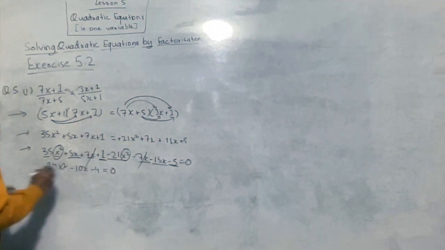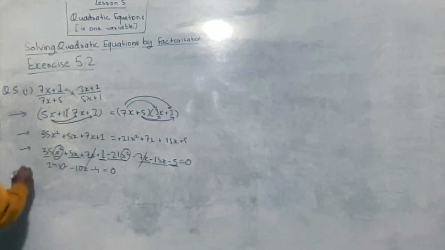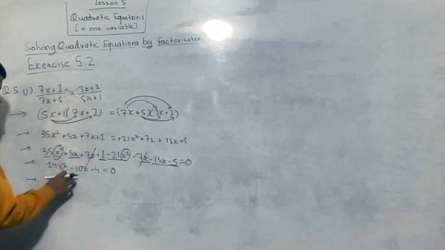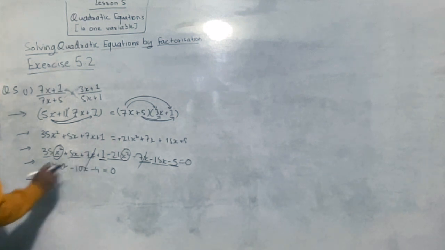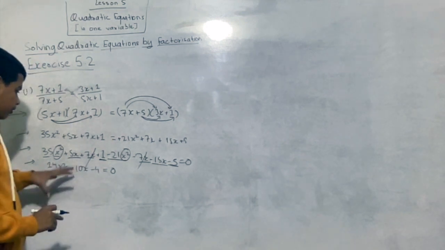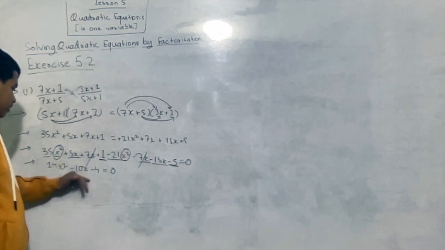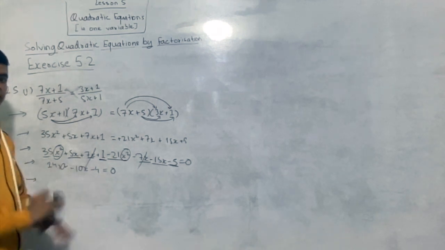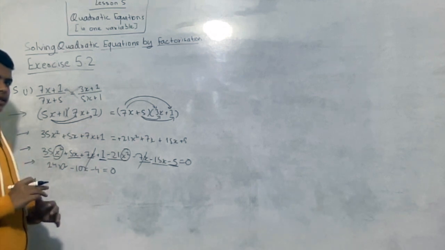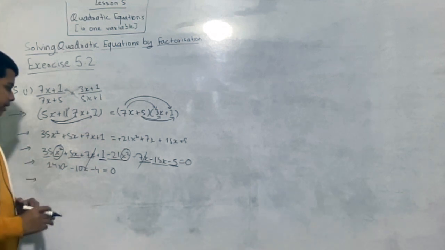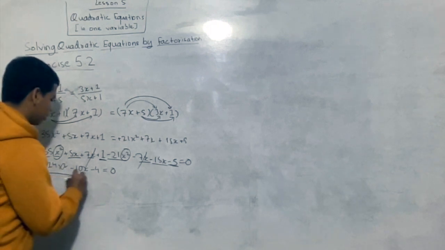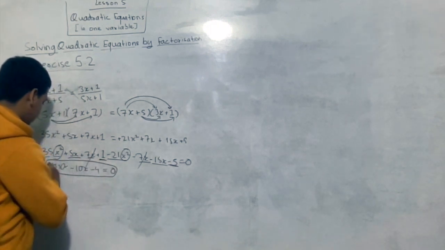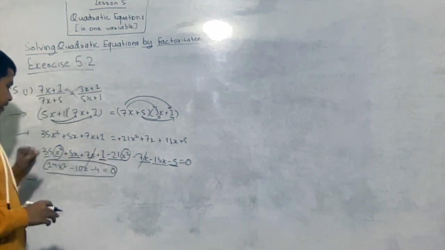I hope I have not left out anything else. No. Next, we got our equation 14x square minus 10x minus 4. Now, what we usually do is we split this minus 10x into factors and we do all that stuff. But to make it easier and less complicated, we first remove all the common factors from this.